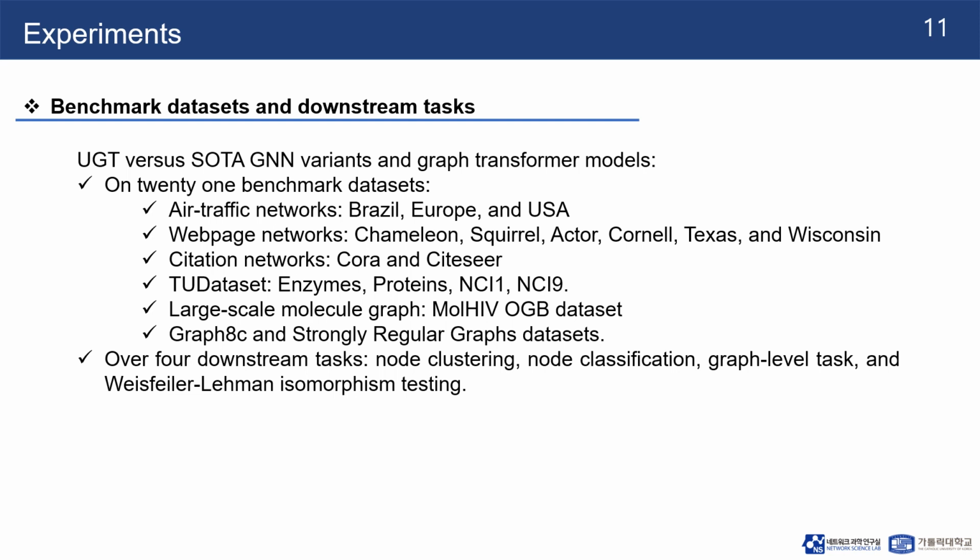For the experiments, we compared our model to state-of-the-art GNNs and graph transformer models on 21 benchmark datasets, including air traffic networks, web page networks, citation networks, TU datasets, OGB datasets, and strongly regular graph datasets over four downstream tasks: node clustering, node classification, graph-level tasks, and Weisfeiler-Lehman isomorphism testing.